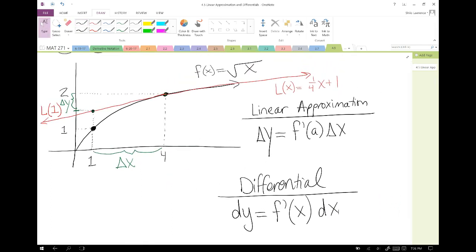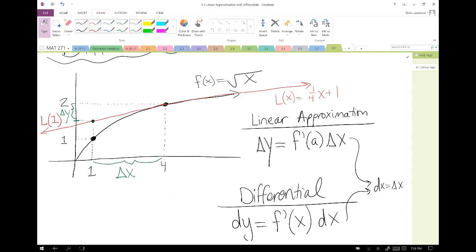Now, dx and delta x are the exact same thing. I'm going to show you why on the graph. They both represent the change in the x value, and it doesn't matter whether we're using the line, the linear approximation, or the function. The delta x is exactly the same.